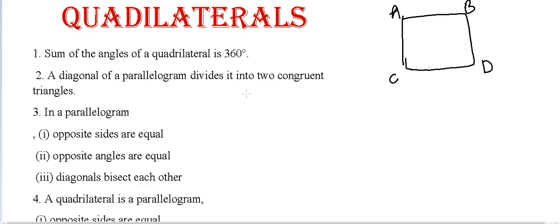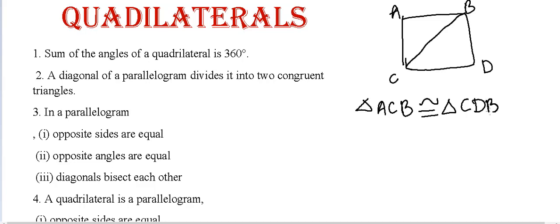What is congruency? Figures which have the same shape and same size. So if I draw a diagonal in a parallelogram, two triangles are formed. First is triangle ACB, which will be congruent to triangle CDB. So this is a property of a parallelogram.